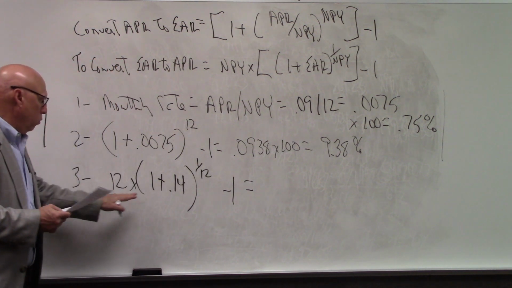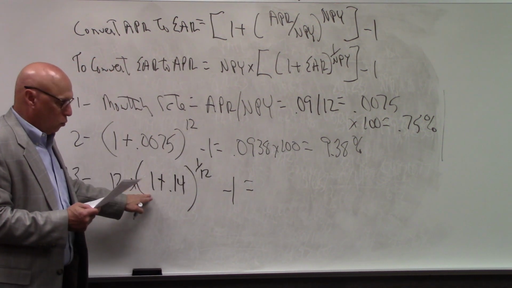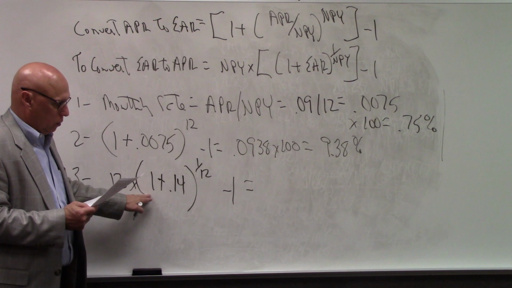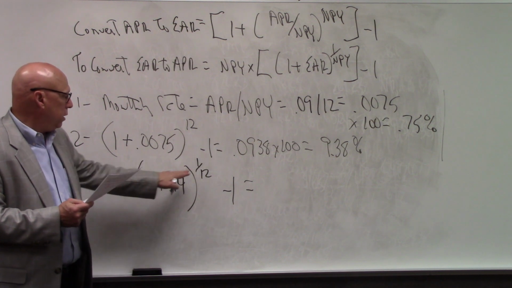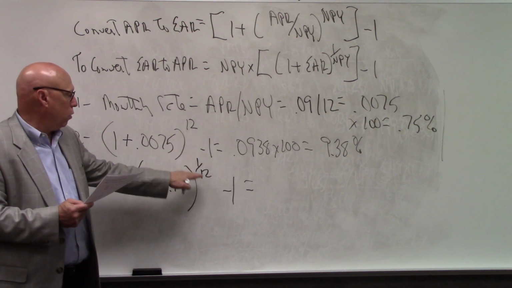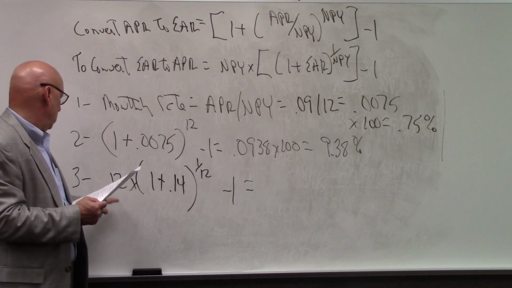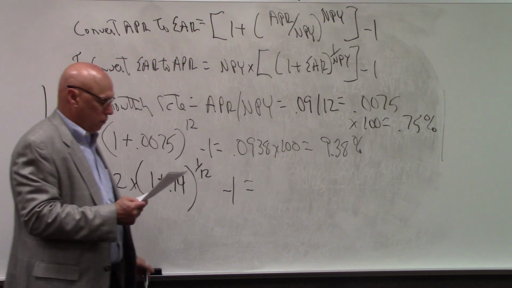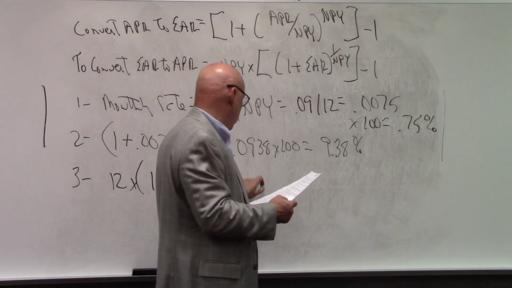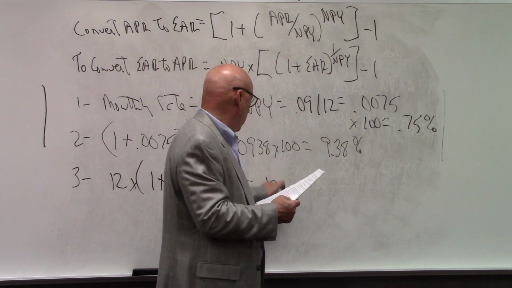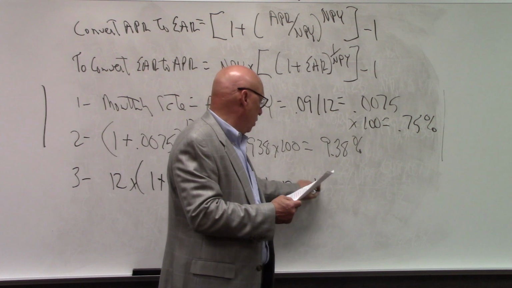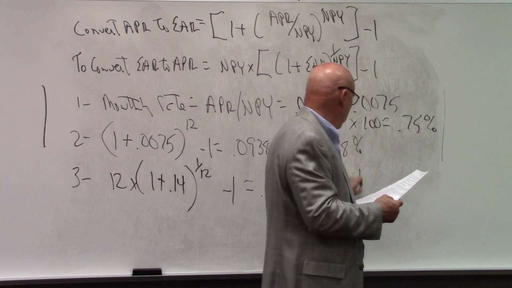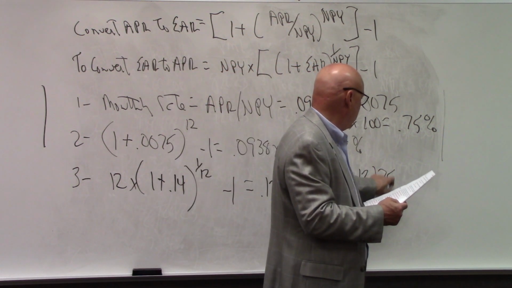Okay, so 1.14 raised to the 1 over 12, minus 1, times 12 equals 0.13175 times 100 equals 13.175%.